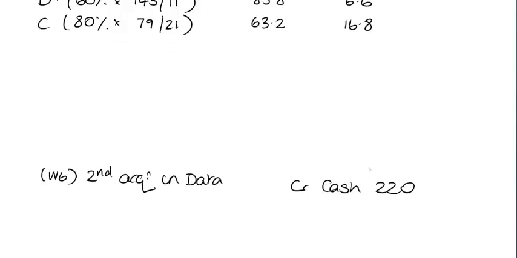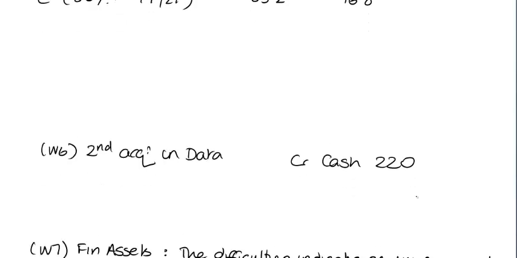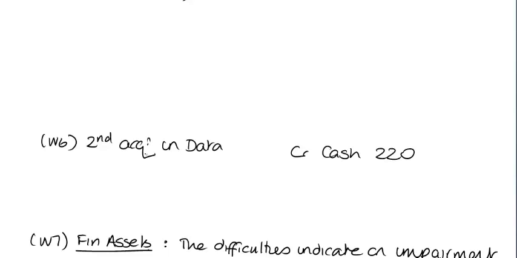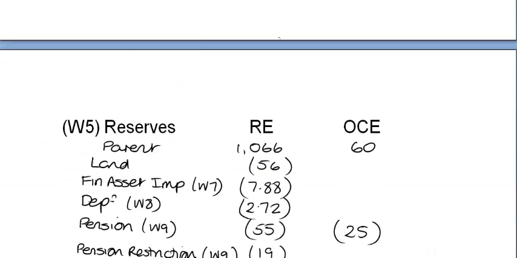It's the second acquisition in data. So we've credited cash 220. What's happened? When we acquired the second set of shares in data, the NCI decreased from 40% to 20%, didn't it? So I'm going to say the NCI at the second acquisition. What was the NCI? Well, we've calculated it as being 456.6.